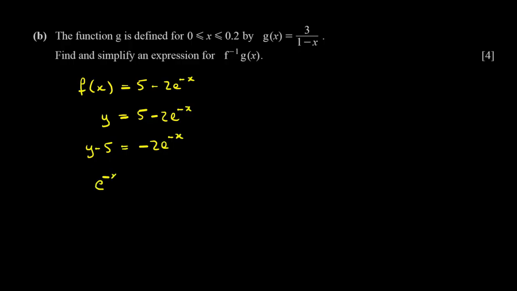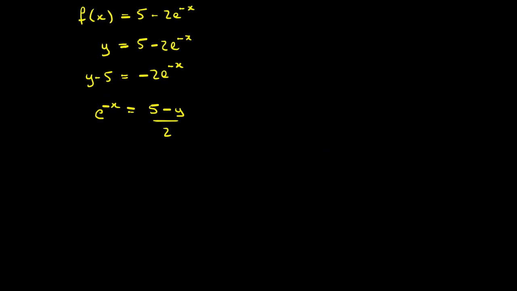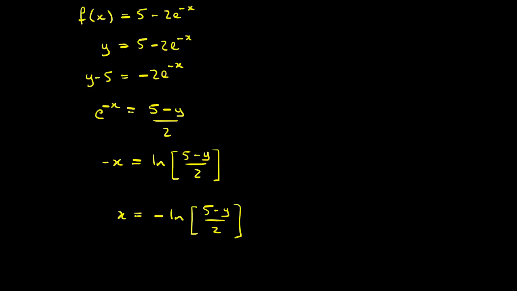So I get e to the minus x is equal to (5 minus y) upon 2. Then I'm going to apply the logarithmic form. So negative x is going to equal the natural log of (5 minus y) upon 2, and so x is going to equal minus ln of (5 minus y) upon 2.